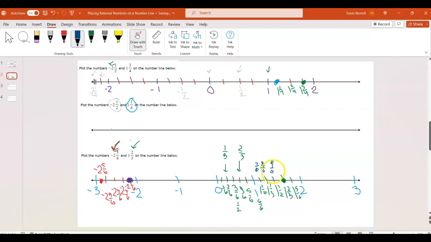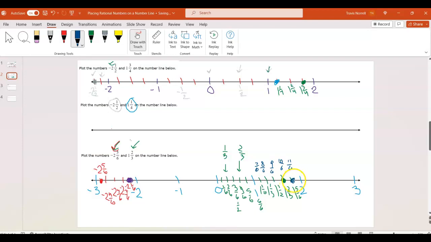See, we're doing improper fractions. 10/6, 11/6 would be right here.